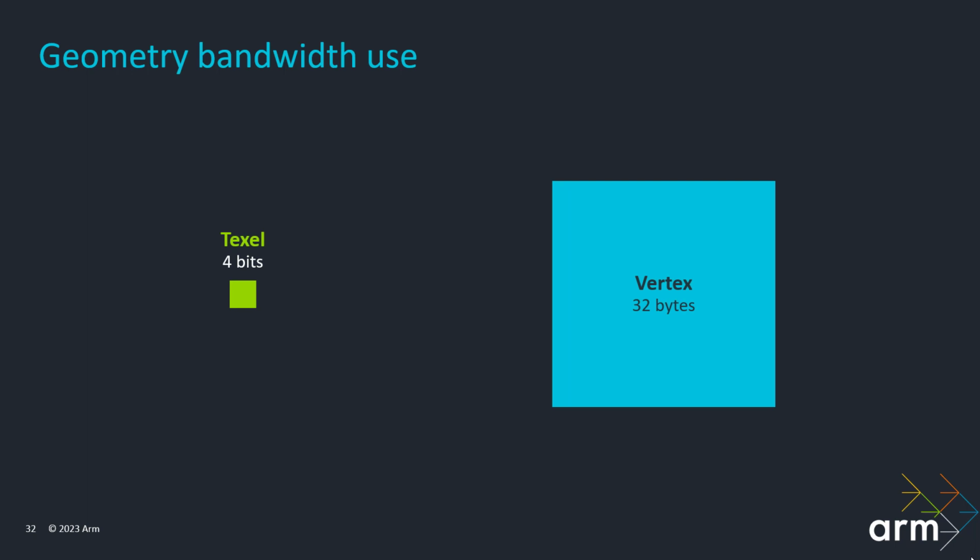The first thing you'll note is that 32 bytes is a lot bigger than 4 bits. So texturing is an area where the industry has put a huge amount of effort into optimizing. Especially with ASTC, you can really squeeze the bandwidth right down if your images allow it. So in terms of being efficient with bandwidth, try and model things with textures rather than modeling things with detailed geometry.